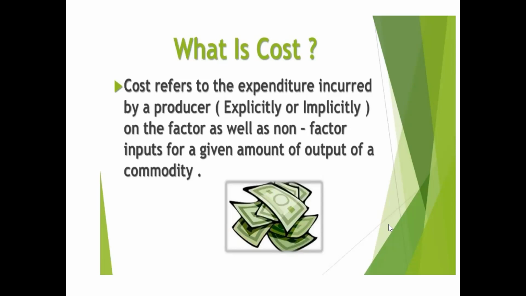So those factors of production, how we convert them to output. To produce a commodity, we need factors of production that we as producers have to purchase.